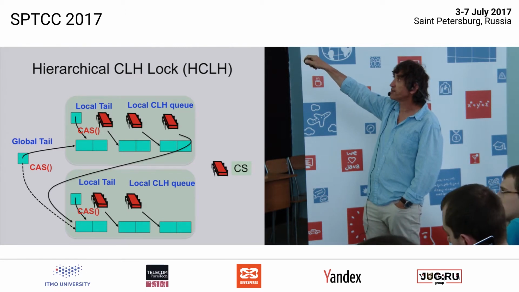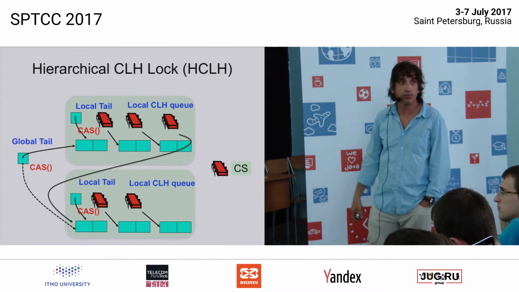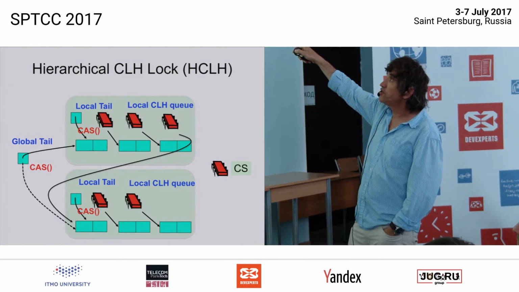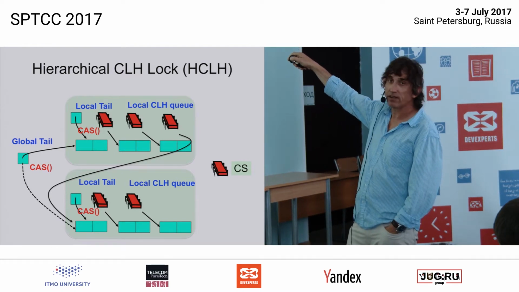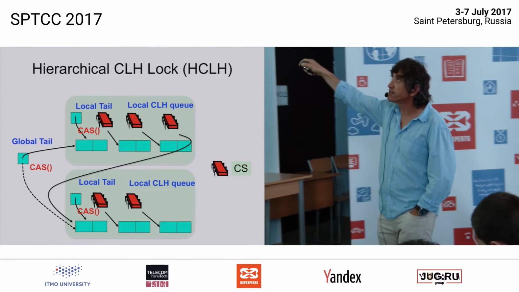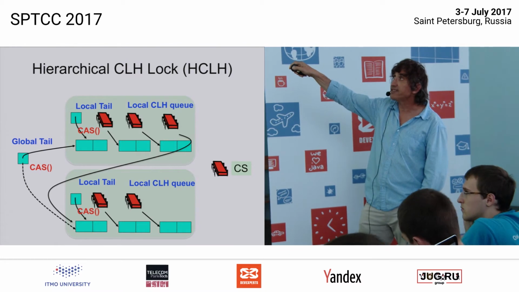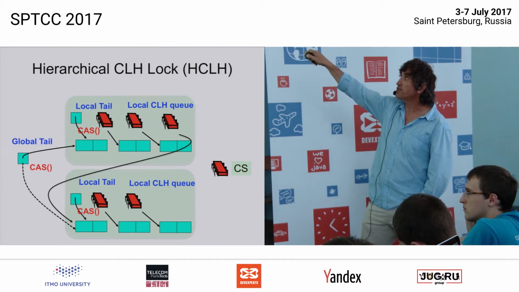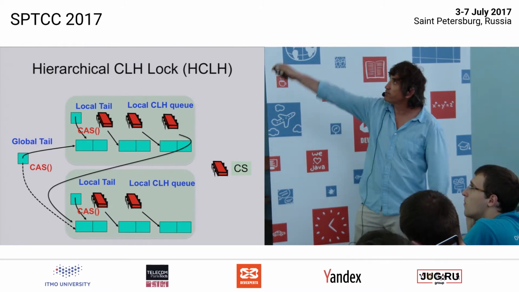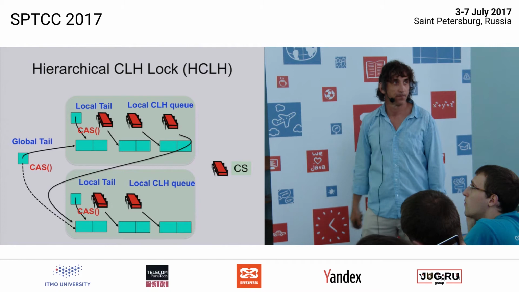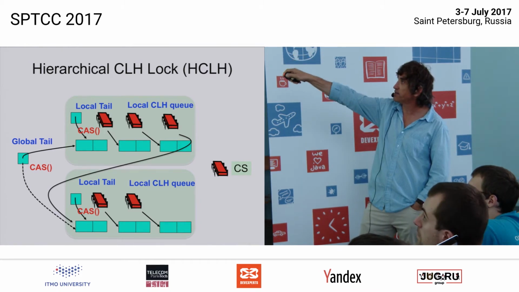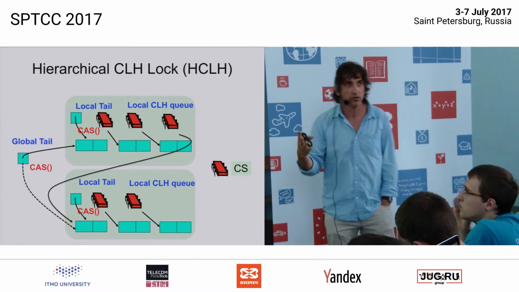It's essentially a sequence of implicit pointers. I'm going to have a global tail for the whole thing, and whoever is at the head of this local queue will splice into the global queue the whole sequence of things that it has. So instead of doing this individually, I'm going to splice the whole sequence at one time. You see the global tail is pointing here, this points here, and so on and so forth. And there's a protocol for that.